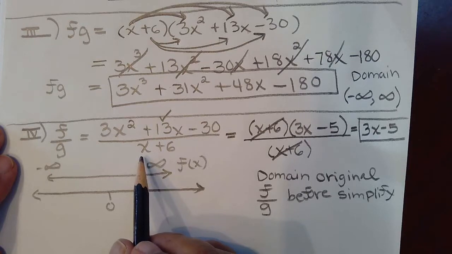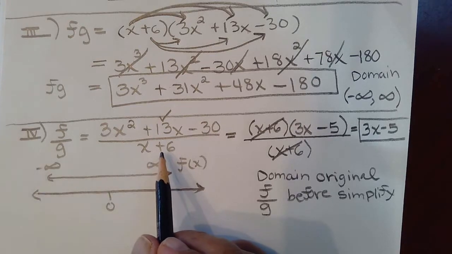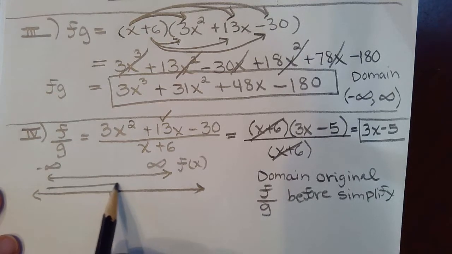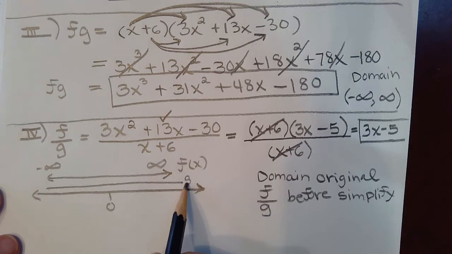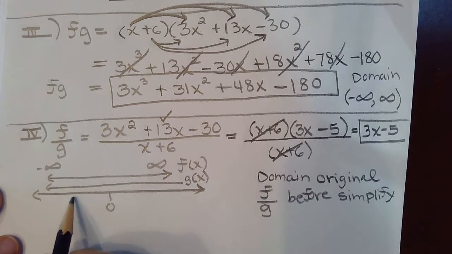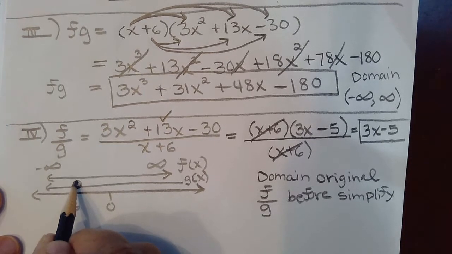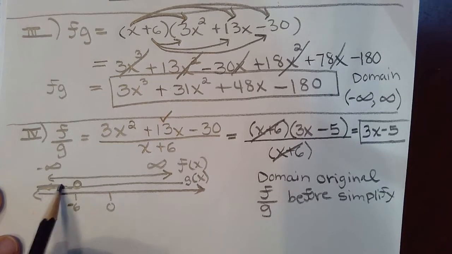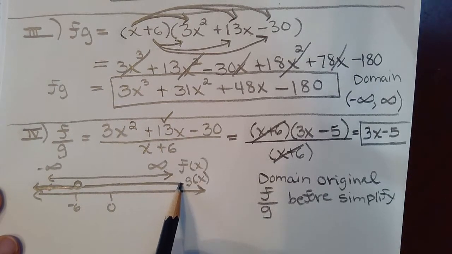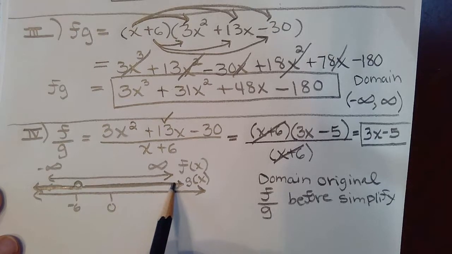So if I was to try and draw the domain where I'm stating that negative 6 can't be used, it would look like this. I'll draw it right up underneath the domain picture for f. So let's see, let's say negative 6 was right here. That would mean there'd be a hole right here, and it could be anything to the left of negative 6, and it could be anything to the right of negative 6.